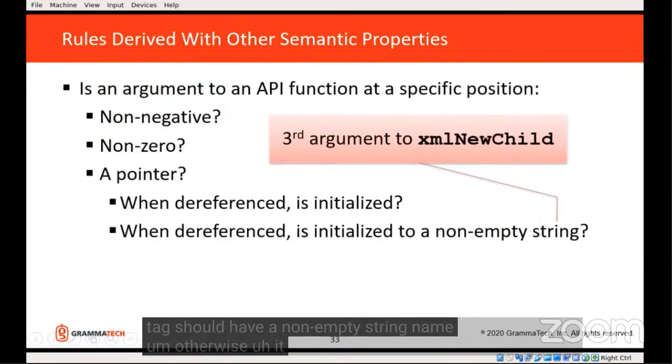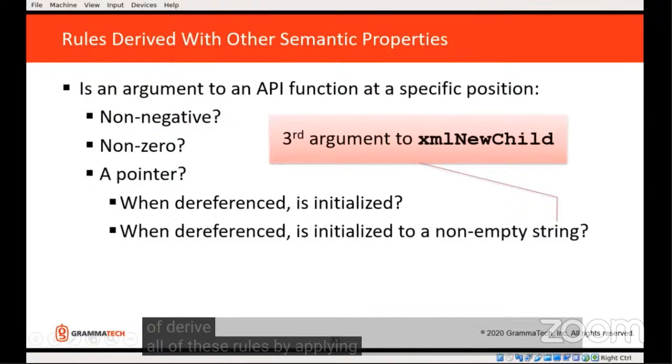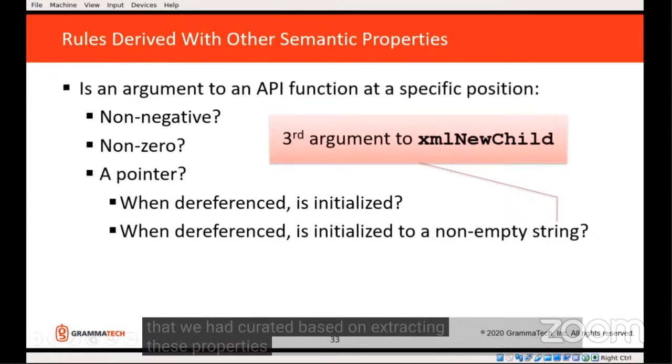Otherwise, it's incorrect behavior. So we're able to derive all of these rules by applying fairly simple statistical checks on data, based on extracting these properties.